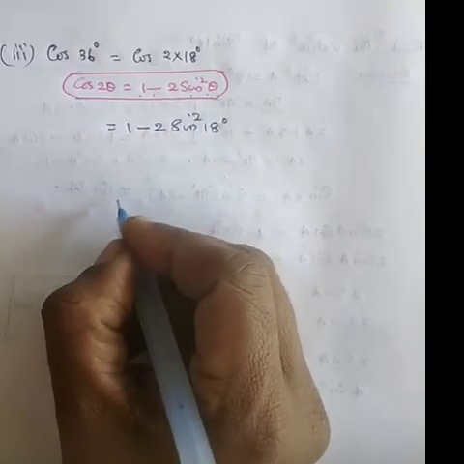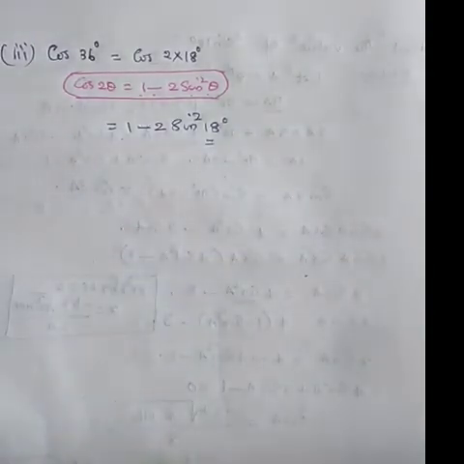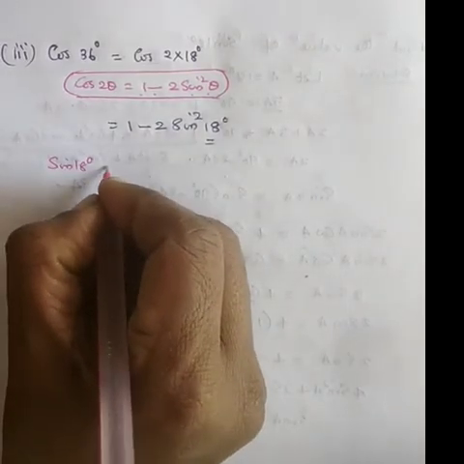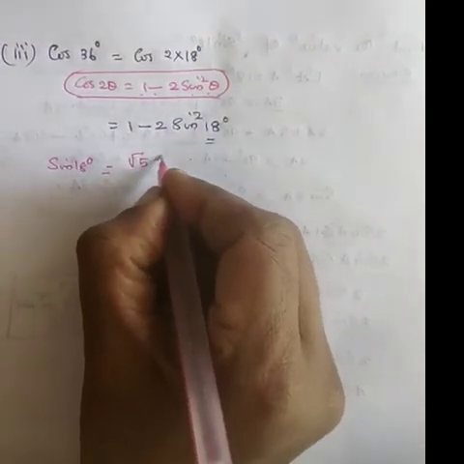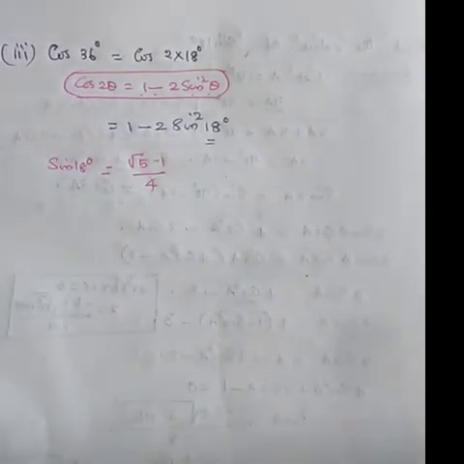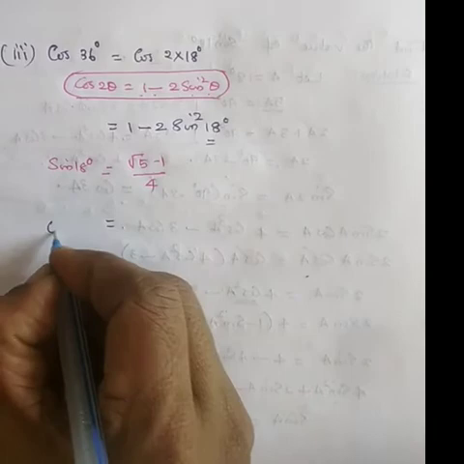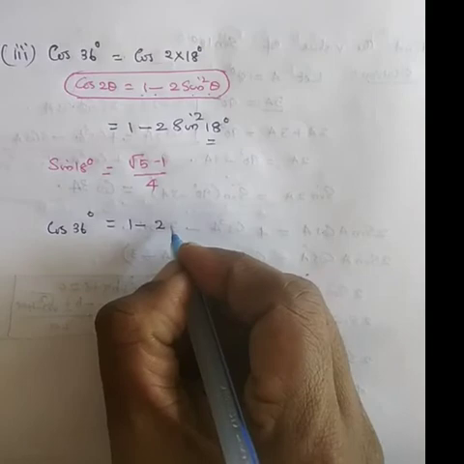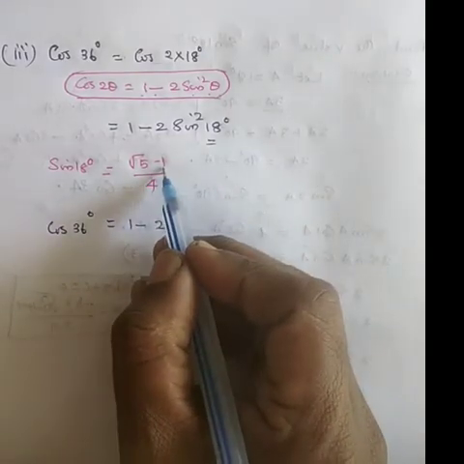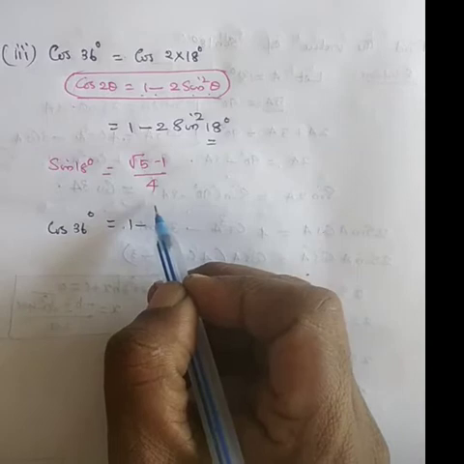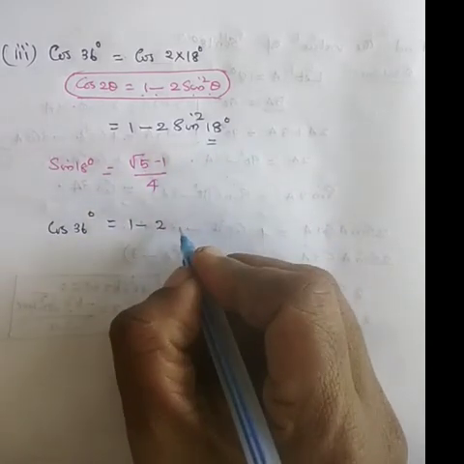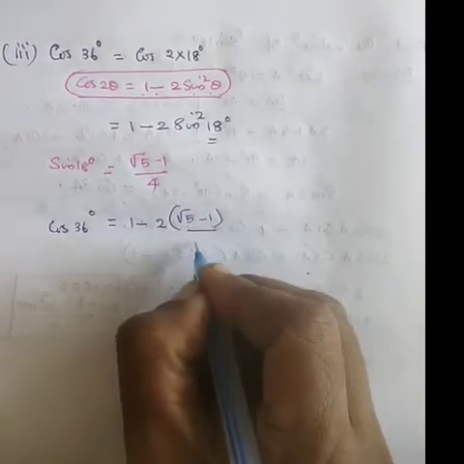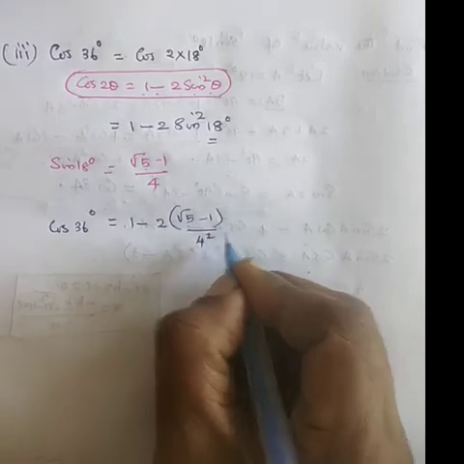Also, we know the value of sin 18 degree, sin 18 degree is equal to root 5 minus 1 by 4. So cos 36 degree equal to 1 minus 2 sin square 18, and sin 18 is root 5 minus 1 by 4. Okay. So sin square 18 is root 5 minus 1 by 4 whole square.